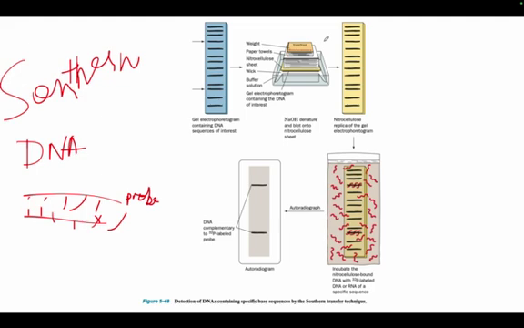So this transfer process I'll discuss in a few slides, but essentially in the buffer solution we are going to essentially perform electrophoresis, okay, where this will be transferred onto this nitrocellulose membrane.